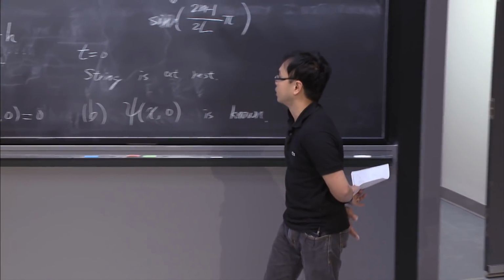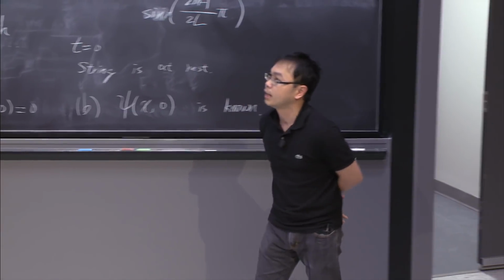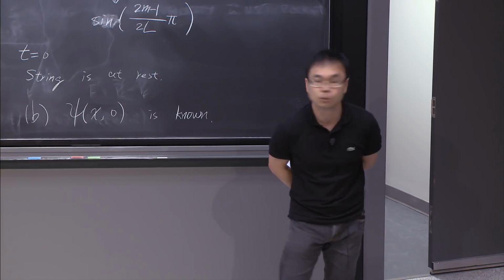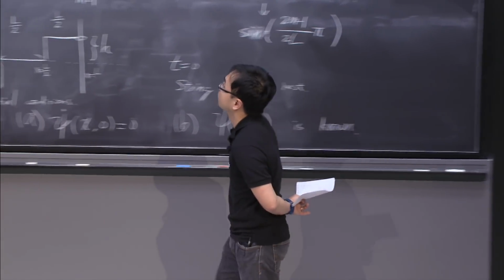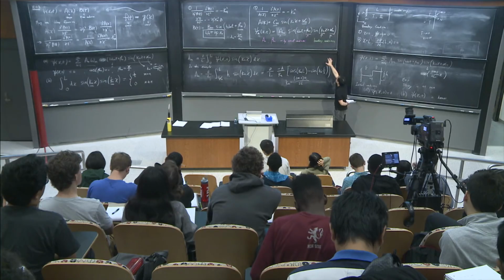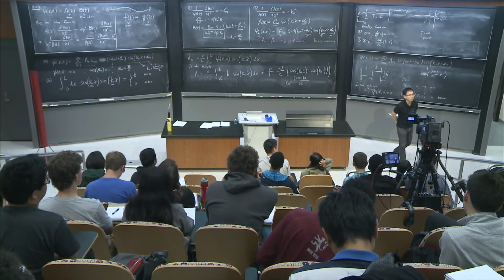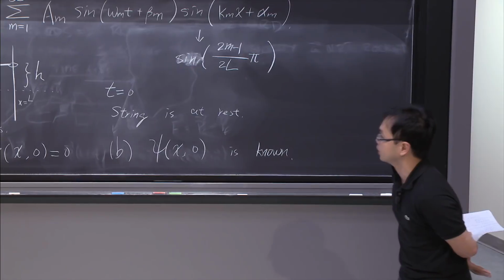You can use the initial condition of velocity and the initial condition of the shape, and the help of a mode picker to pick up the amplitude from that function. Okay, and also you can see that k_n and alpha_n, related to the shape of the normal mode, can be determined by boundary conditions.